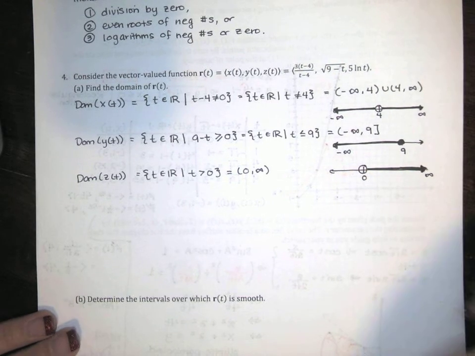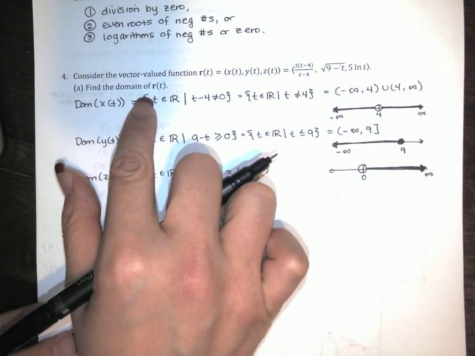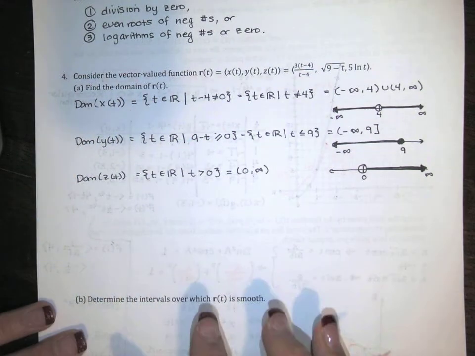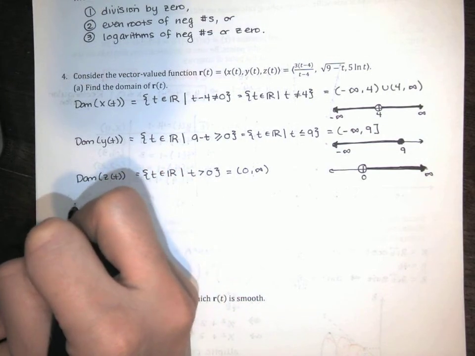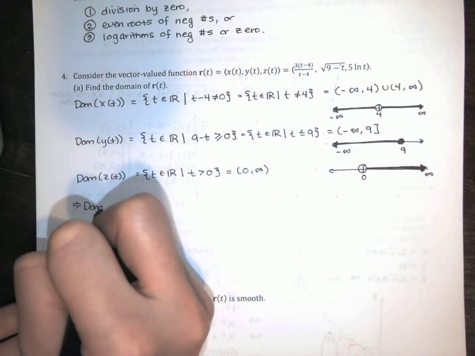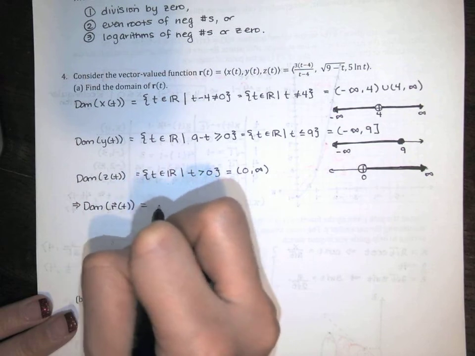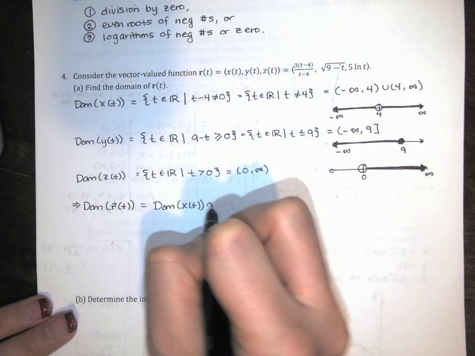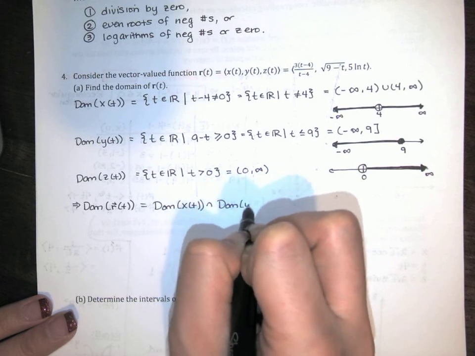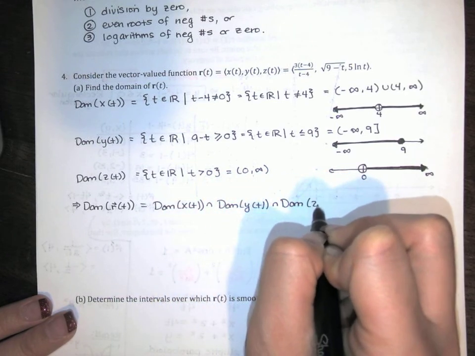Okay. Now that is not our answer. We're trying to find the domain of R of t. So I need the t values that are in all 3 of these sets at the same time. So the domain of R of t equals the domain of x intersected with the domain of y intersected with the domain of z.